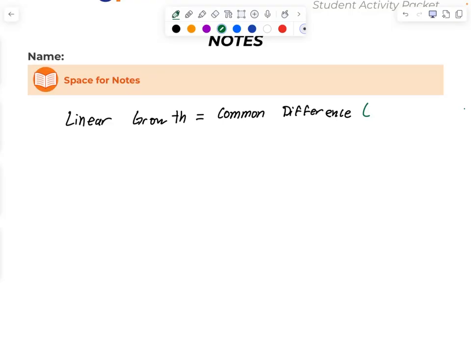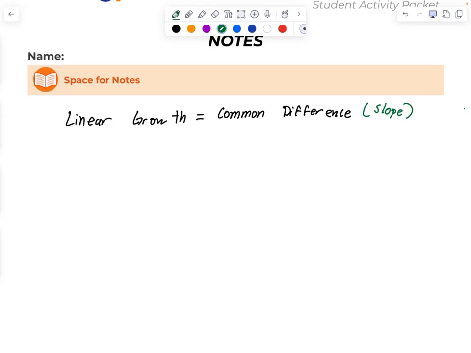What part of a linear equation? Constant? It's not the constant, it's the other one. What's the other piece? The slope. The slope is known as the common difference.